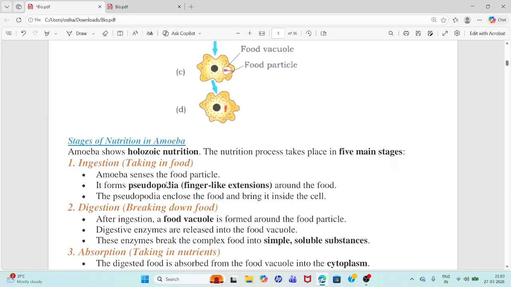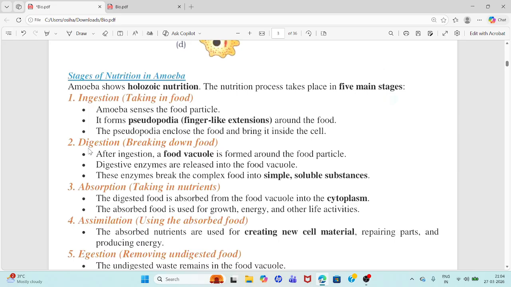There are 3 points. Amoeba senses the food particle, forms pseudopodia, finger-like extensions, around the food. The pseudopodia enclose the food and bring it inside the cell. These are the 3 points.